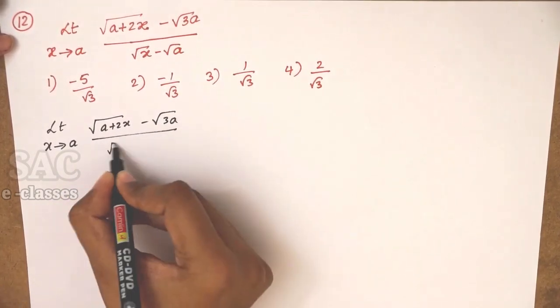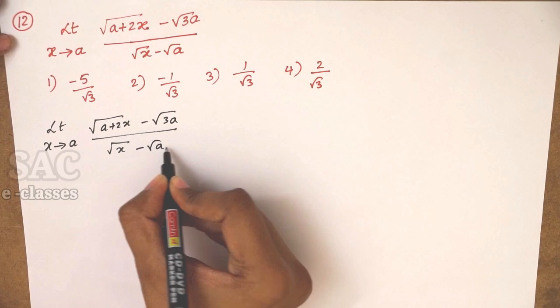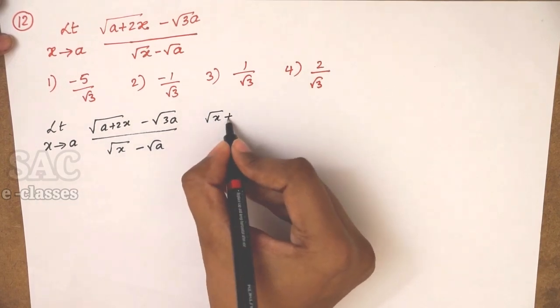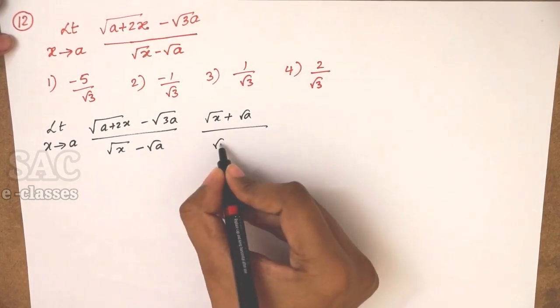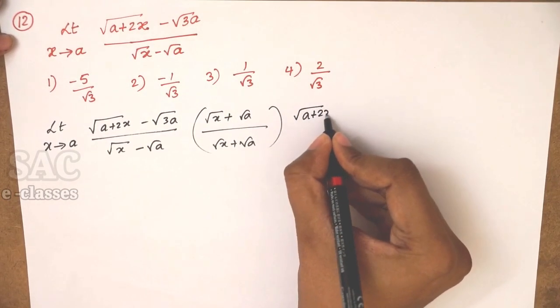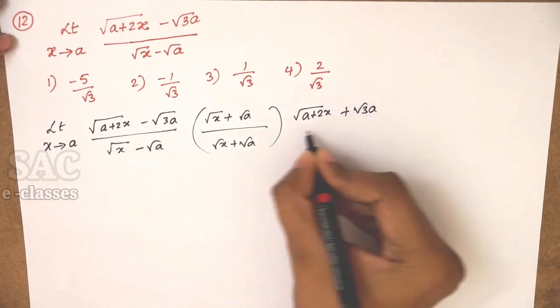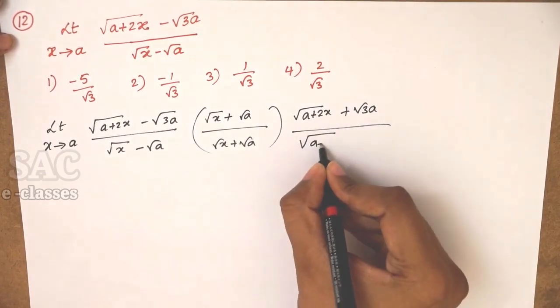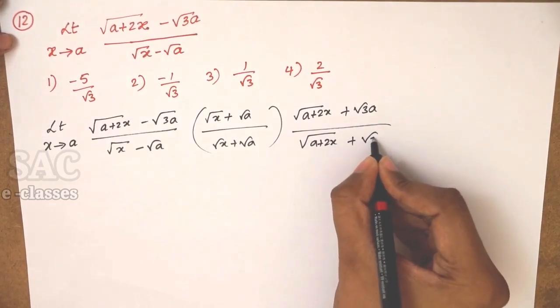So, rationalize both numerator and denominator. Multiply by root x plus root a over root x plus root a, and by root over a plus 2x plus root 3a over root over a plus 2x plus root 3a.